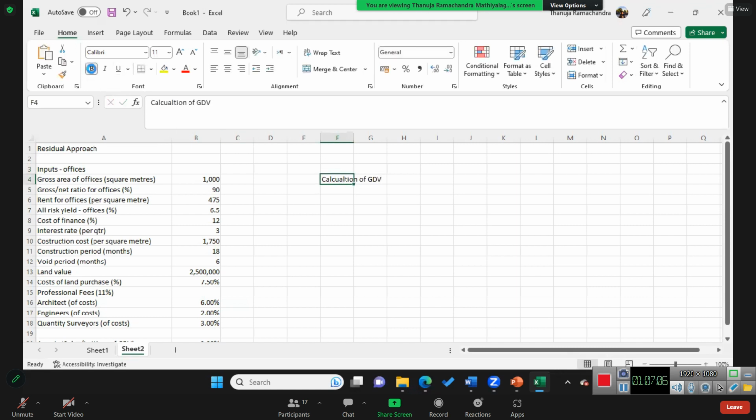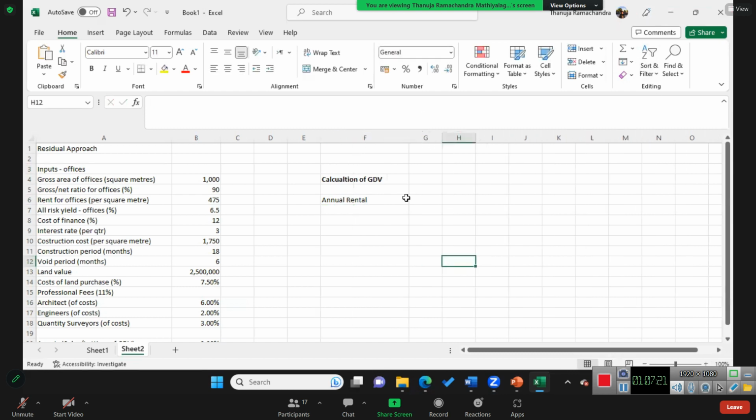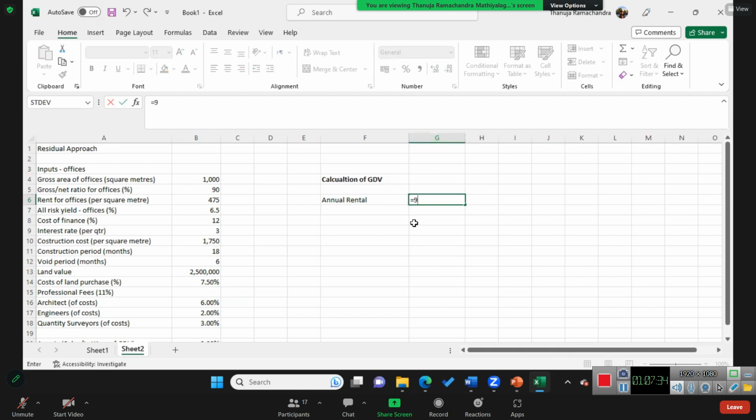Calculation of GDV. Annual rental: I said it's always for the net floor area, so 900 into 475.